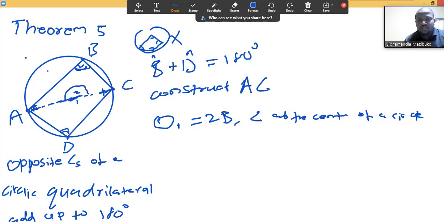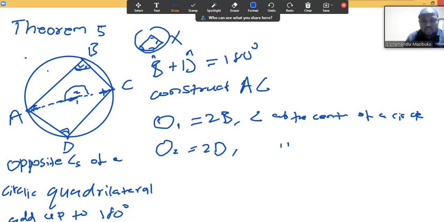What can we say there? We can say O2 is equal to 2D. The reasoning is the same.